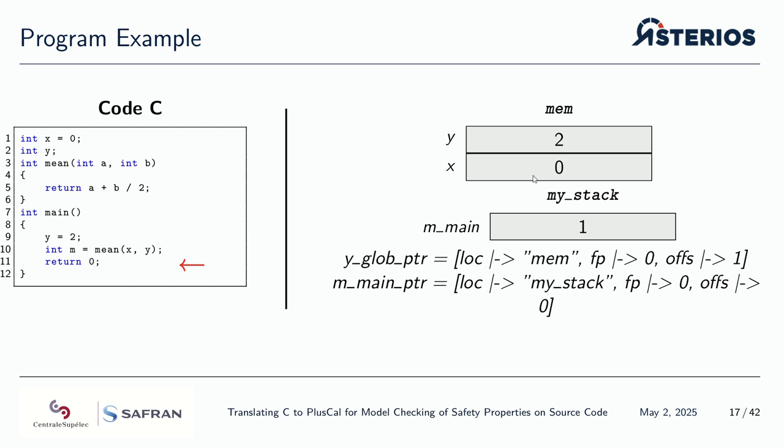And its offset is 1 because it is placed at offset 1 in the memory section. And for example, the m variable of the main function, its location will be mystack because it is located in the mystack section. Its frame pointer is 0 because the main function has a 0 frame pointer, and its offset is also 0. So with this representation, we can define pointers directly into the different memory sections of our program.